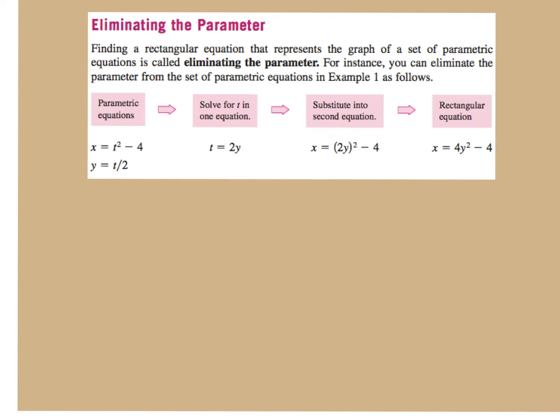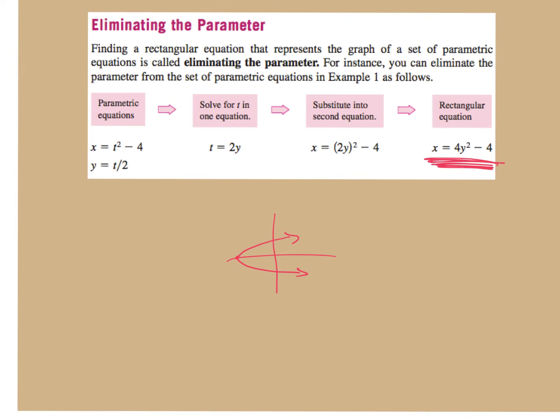What is that? We know this shape. It's a parabola. And which way does it go? Does it open right or does it open left? It opens to the right. And it went back to -4. And so that would be the graph of this rectangular equation, is it not? Which is the same thing we saw before.